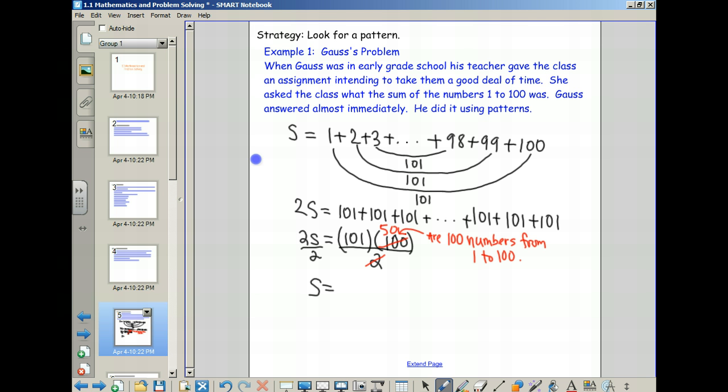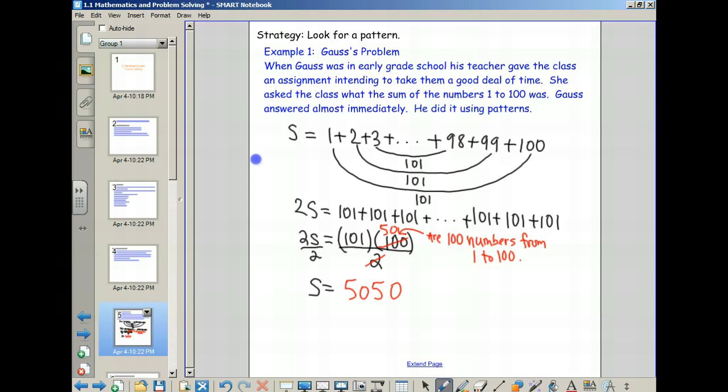So if I take 50 times 101, or if I take 101 times 100 divided by 2, what do I get? 5,050 would be the sum.